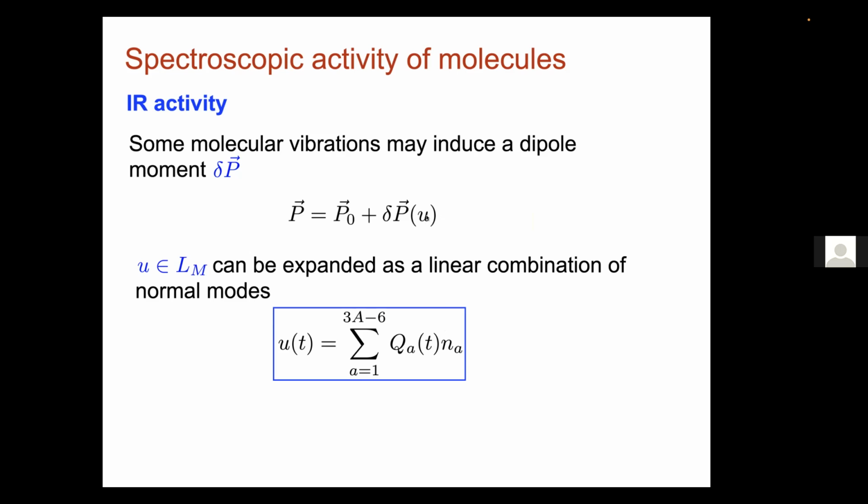So it means that U can be written as a linear combination of normal modes. And you remember from your mechanics that the coordinates are what people call the normal coordinates. So any general displacement of the molecule is a linear combination of normal modes with time-dependent coefficients, and these time-dependent coefficients are the normal coordinates. These are the normal modes. Is this clear?